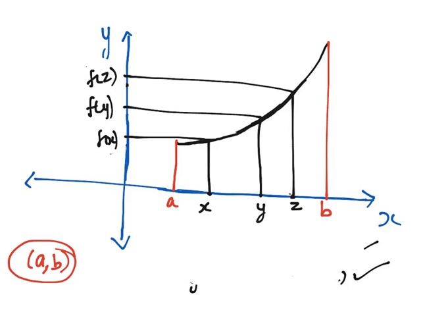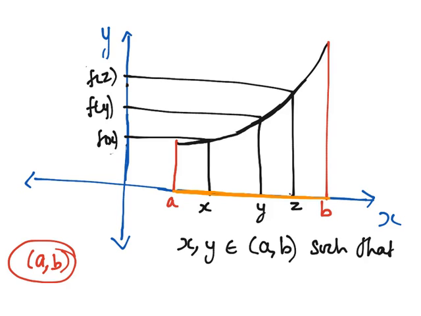If I take any two values in this interval a to b, let's say x comma y belongs to the interval a comma b such that x is smaller than y, will it always imply that f of x is smaller than f of y in this interval?